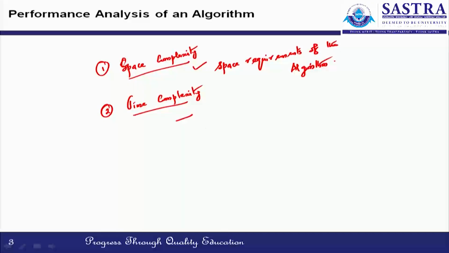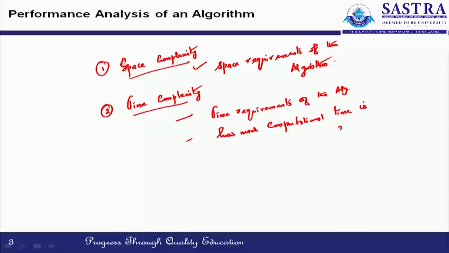Time complexity of an algorithm defines the time requirements of the algorithm. That means how much computational time is required to complete the execution of an algorithm.